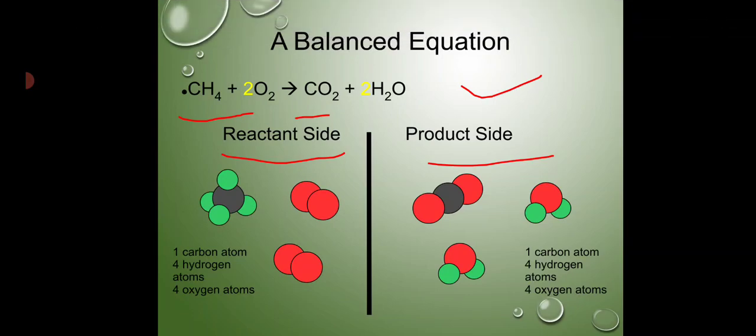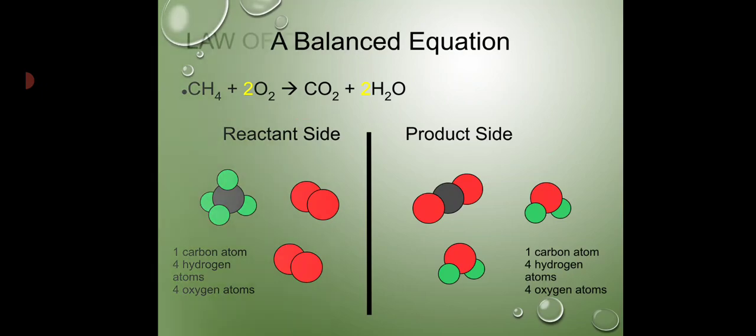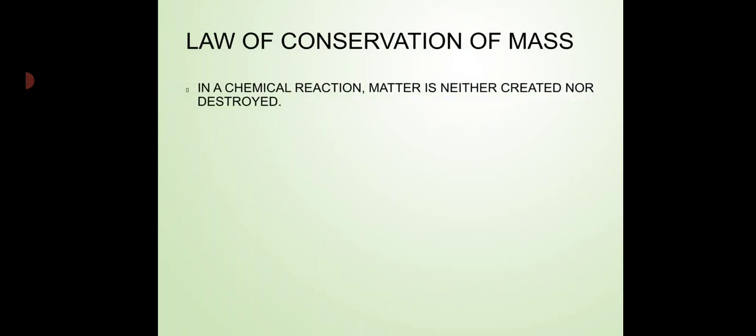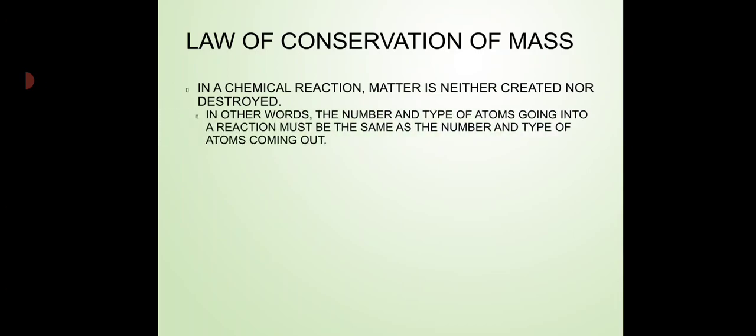Now let's see the methods of balancing any chemical reaction. There are several methods by which we can balance any chemical equation. Basically, the balancing of a chemical equation is based on the law of conservation of mass. So what is the law of conservation of mass? In a chemical reaction, matter is neither created nor destroyed.